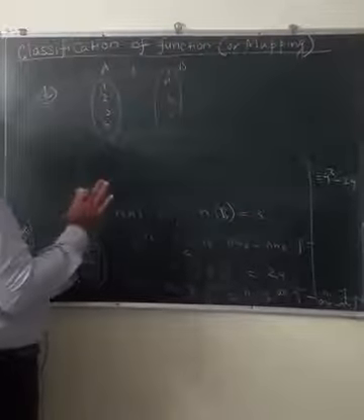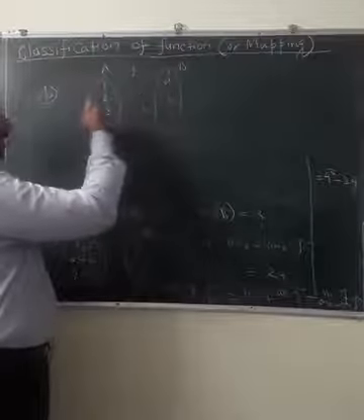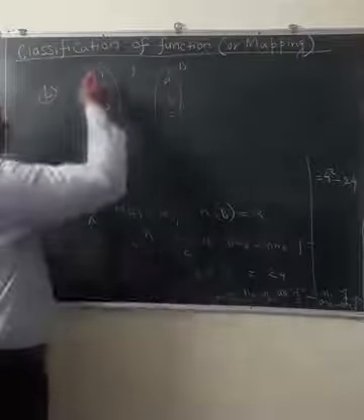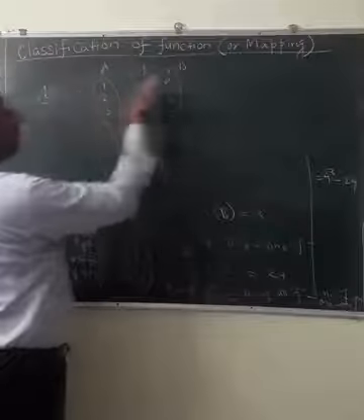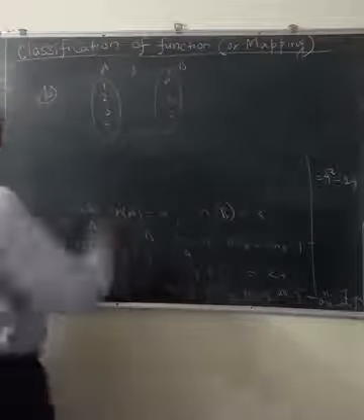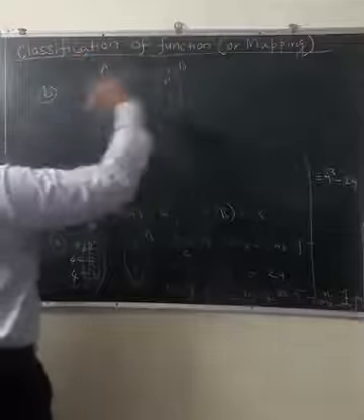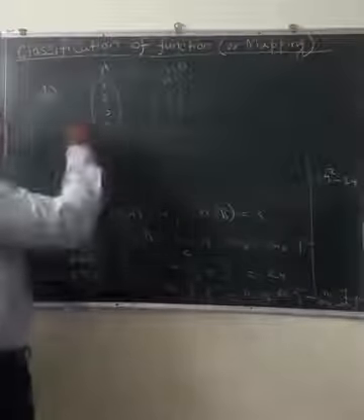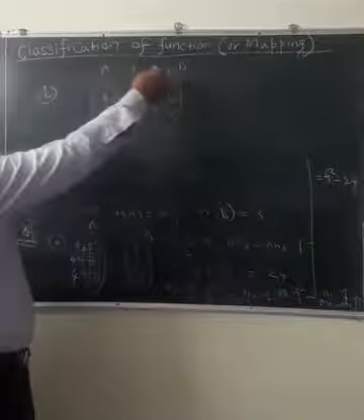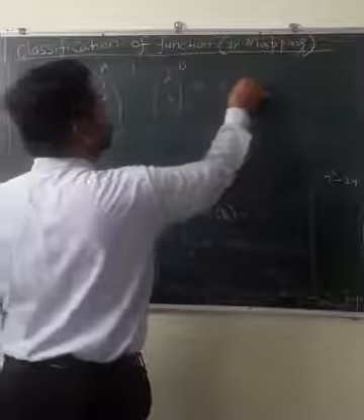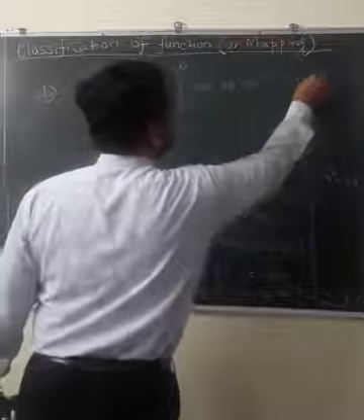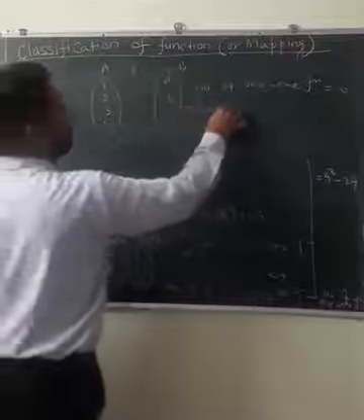For a one-one function, all elements should have different images. But there are only 3 elements, so I cannot have 4 images. There must be 4 or more elements present here. So in this case, the number of one-one functions will be 0.